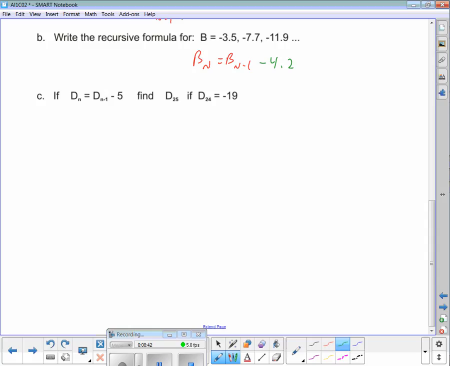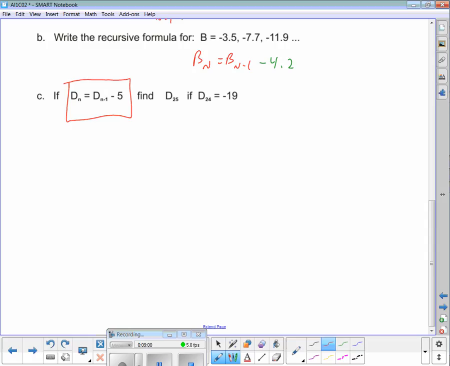All right, so in C, they gave us the recursive formula, right? And now we want to find d sub 20.